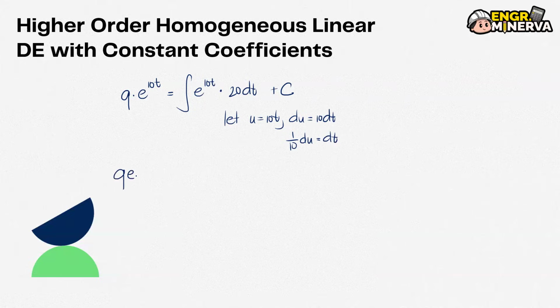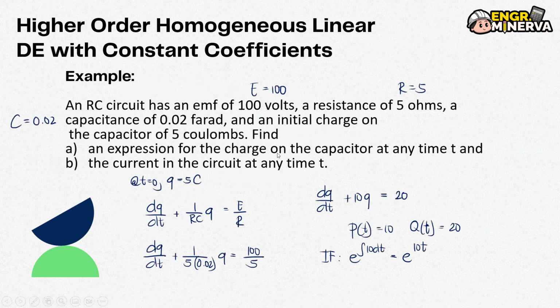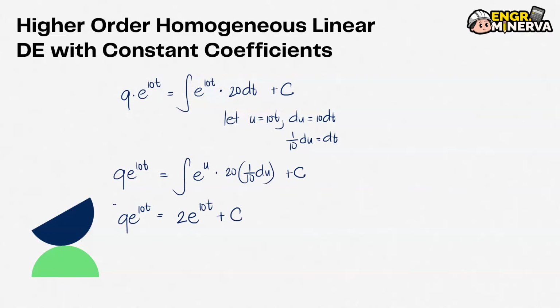That would be q e raised to 10t equals 20 over 10, that is 2 e raised to 10t plus c. If we multiply e raised to negative 10t on the whole equation, that would be q equals 2 plus c e raised to negative 10t.